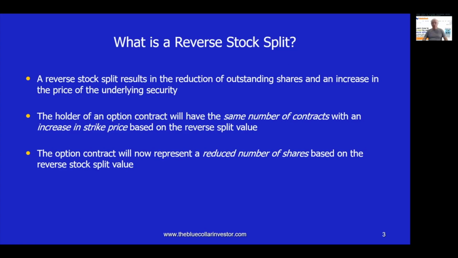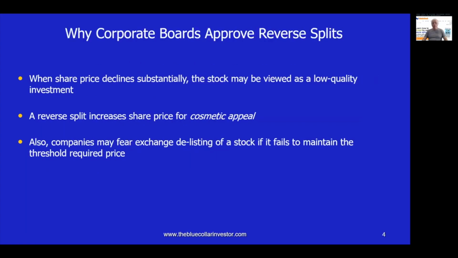But the number of shares deliverable will decrease by that split ratio. That'll become more apparent as we show you the real life example with XOP. Now, the contract will now result in that reduced number of shares based on the reverse split value.